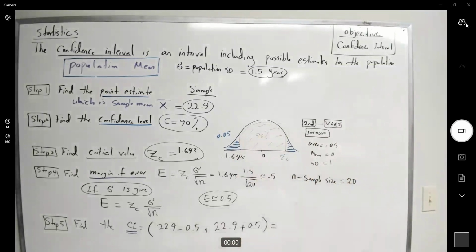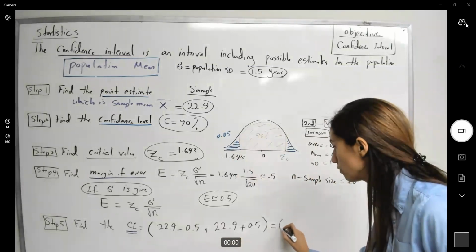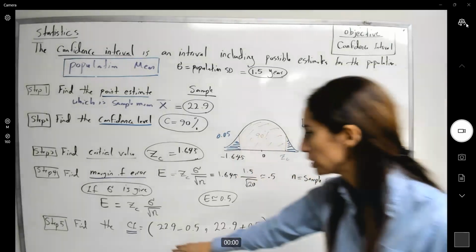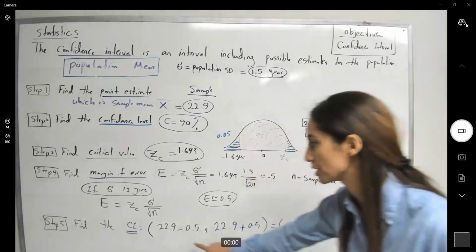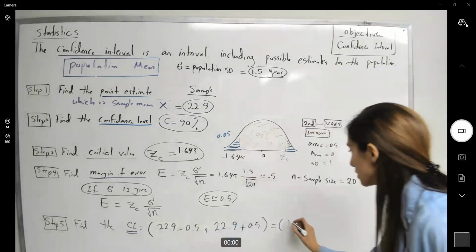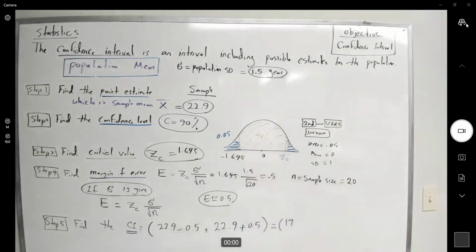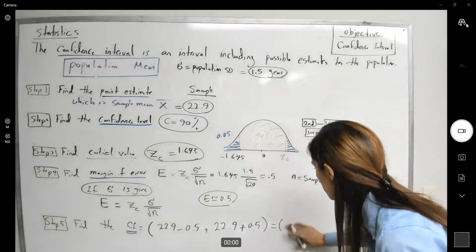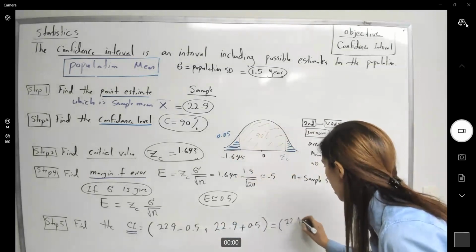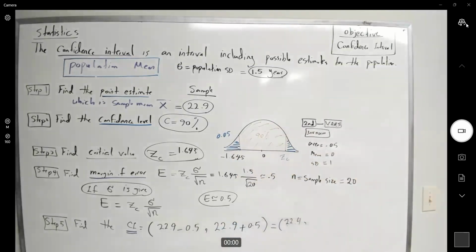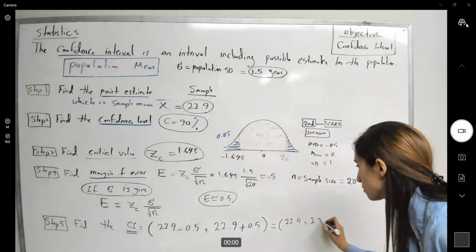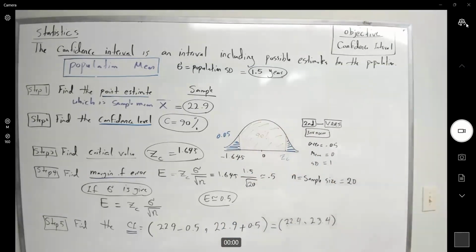Very good. So what do I have? This confidence interval gives me the range of ages. Here I have 22.4, comma, and if I add, I get 23.4. So what's the meaning of that?